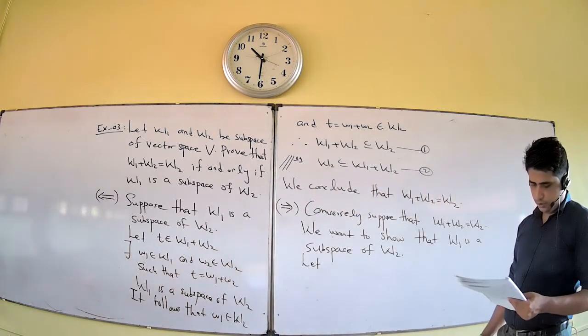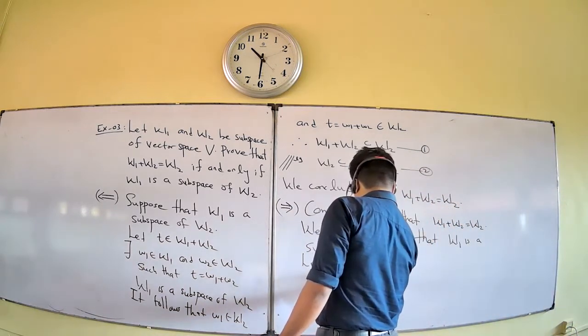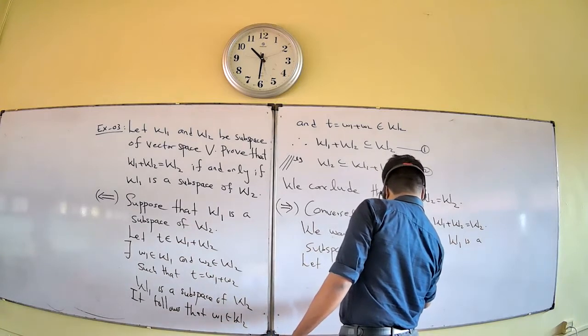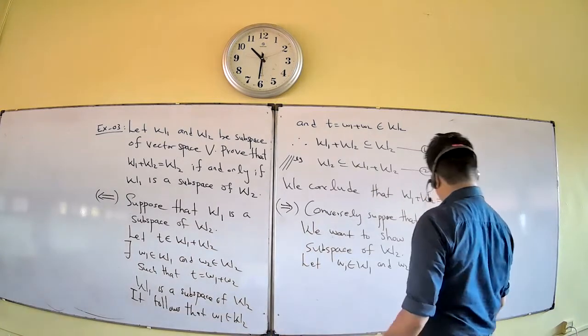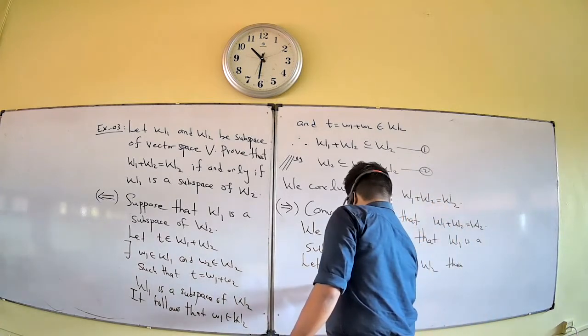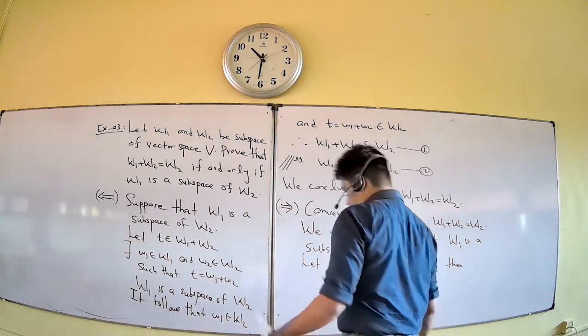So you take two elements. Let w1 belong to capital W1 and w2 belong to capital W2. Then this w1 plus w2 belongs to capital W1 plus capital W2.